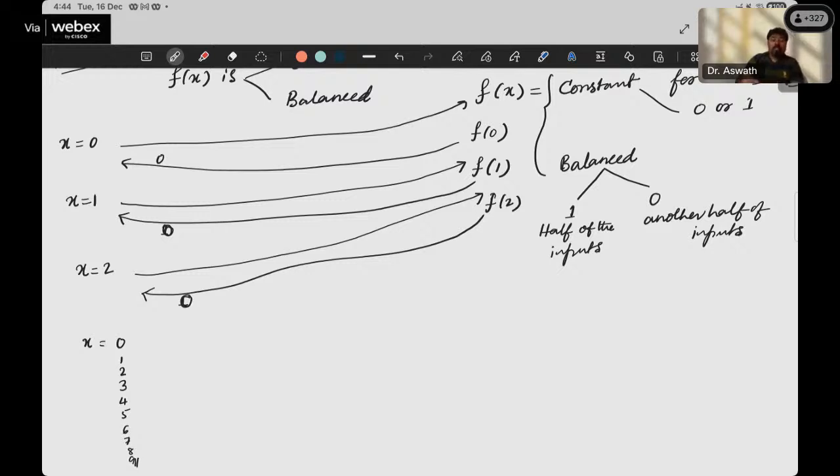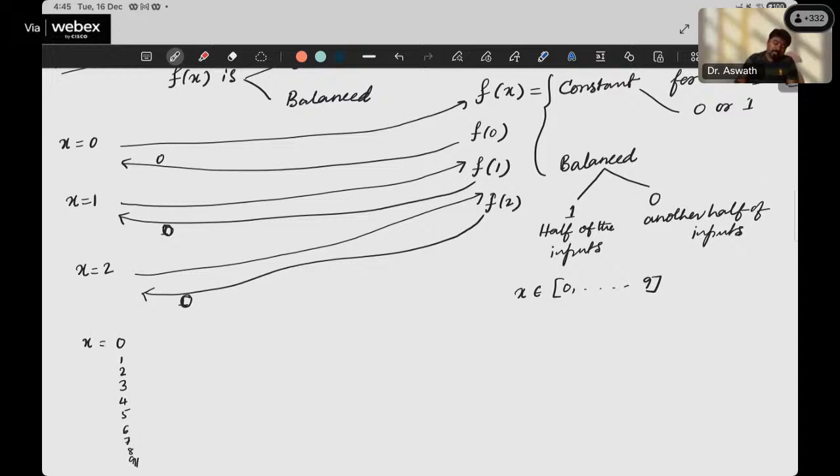Now, what is the optimal maximum number of queries required for Alice to find out in this case, if Bob's function can only take values from 0 to 9? It cannot take anything more than 9.